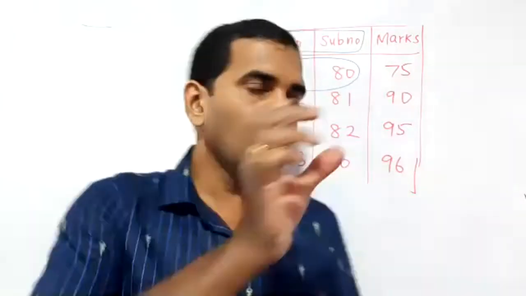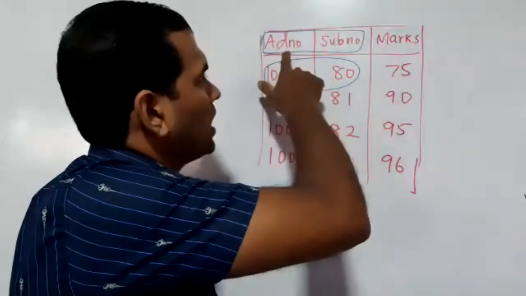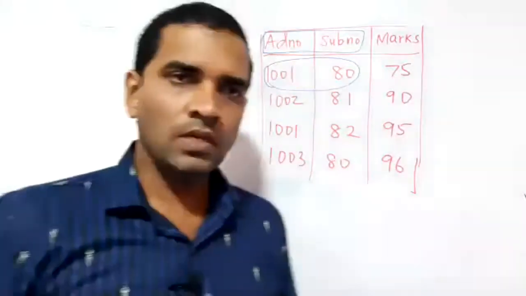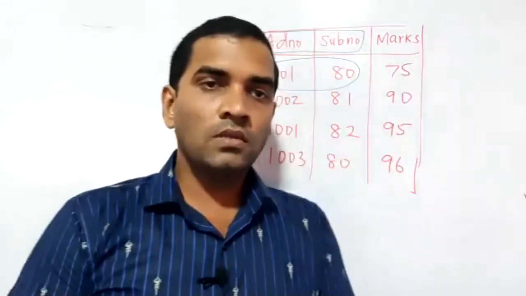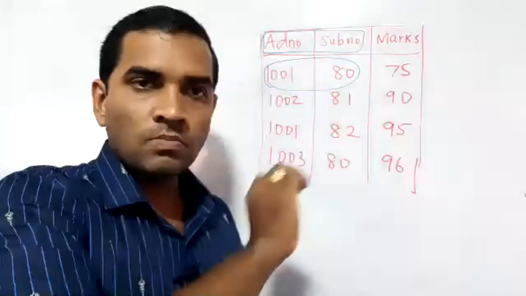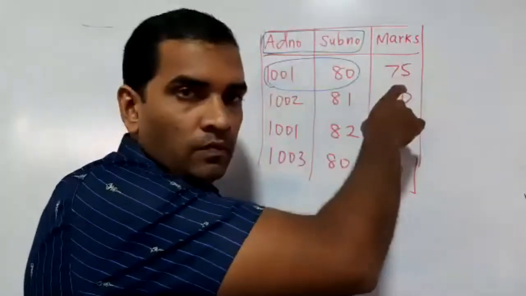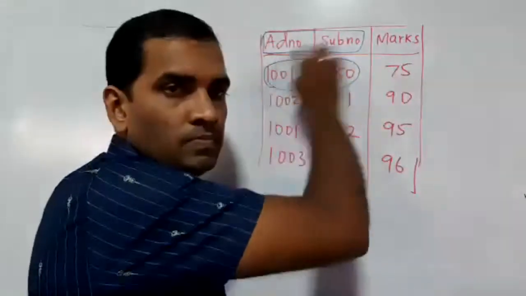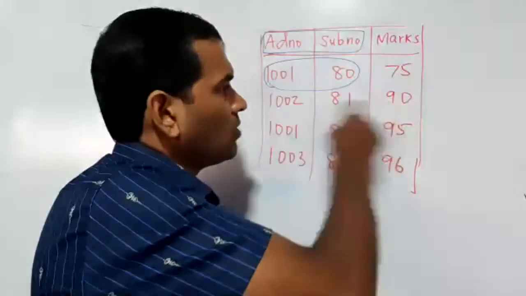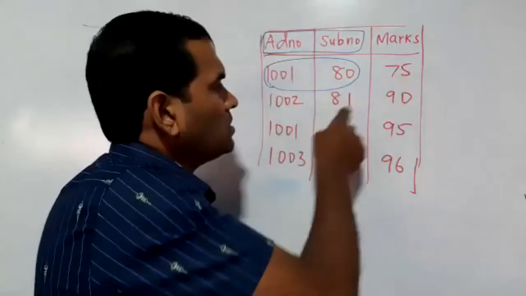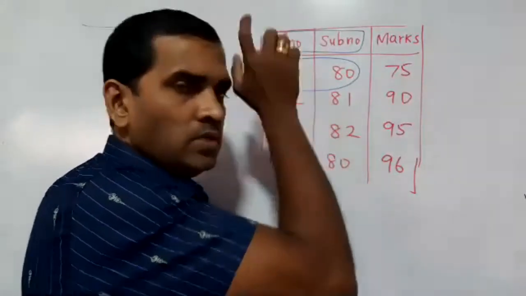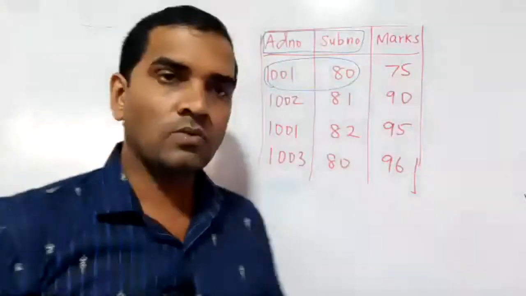So now these two fields, admission number and subject number, as a combination, can identify each record because they have uniqueness. The first record can be identified by these two data, the second record by 1000 to 81, and similarly the other records are identified.